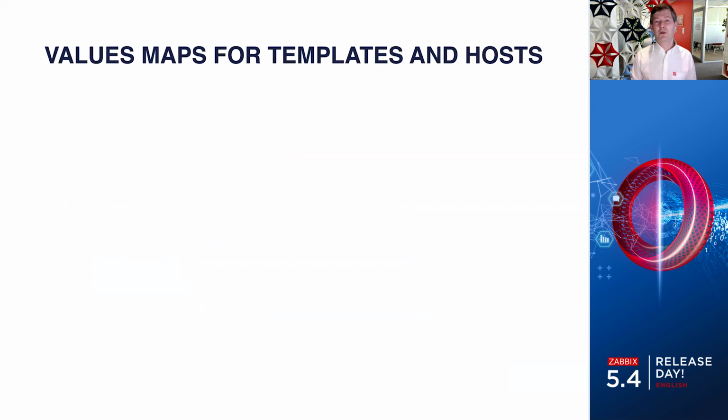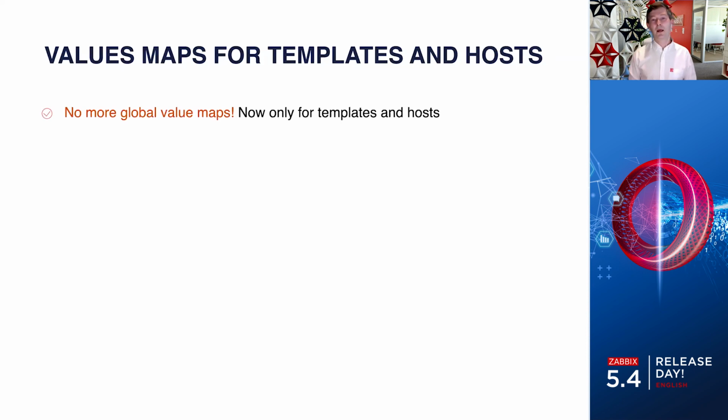We have introduced value maps for templates on a template level and on a host level. What does it mean for us? It means that we do not support global value maps anymore. Of course, you may ask, why do we not support global value maps? It was so easy to maintain value maps on a global level.